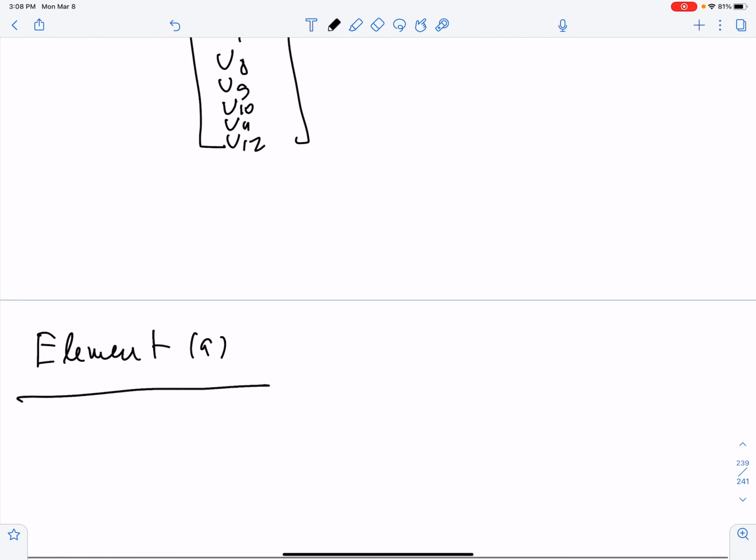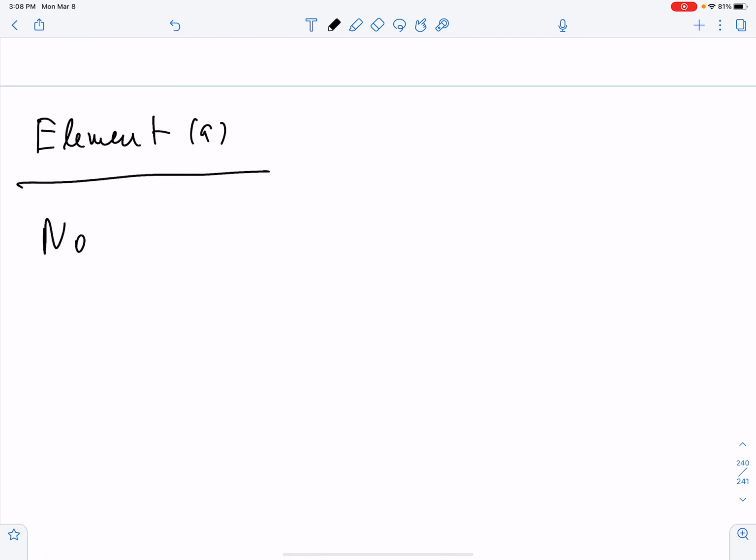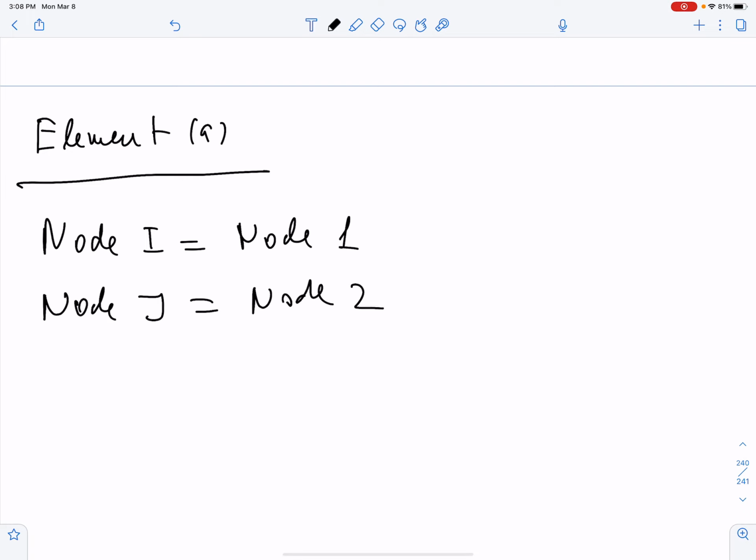So node I is 1. Left node is node 1. The rightmost node, or node J, is node 2.